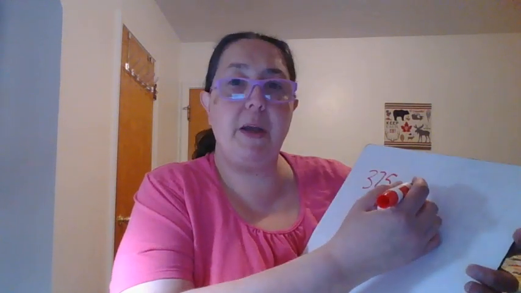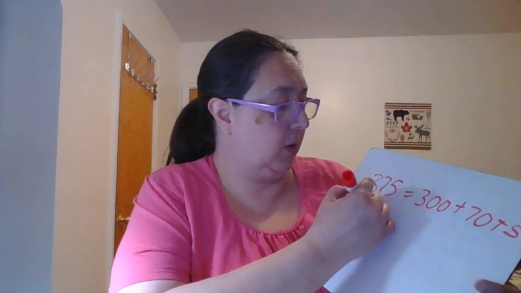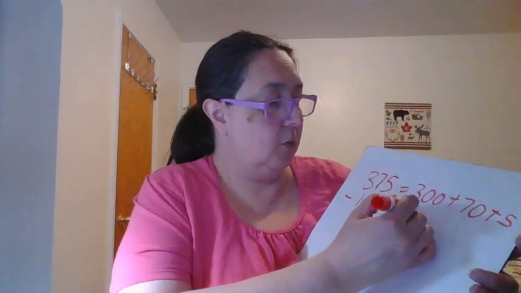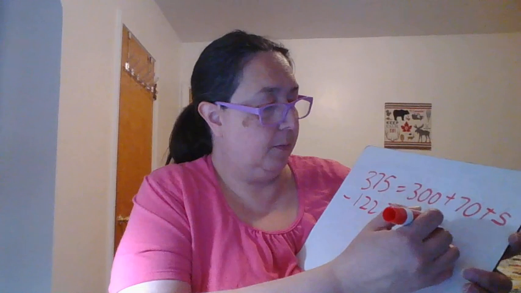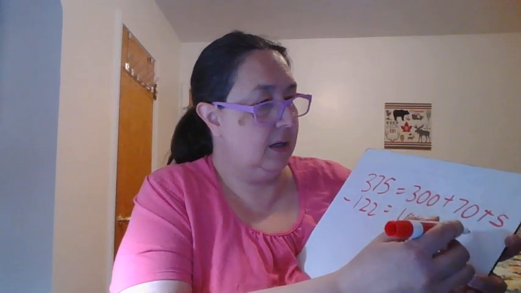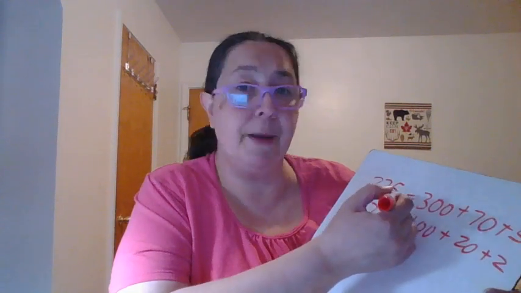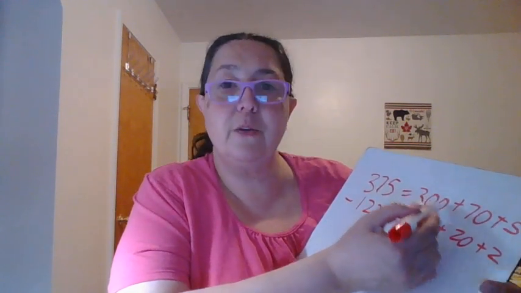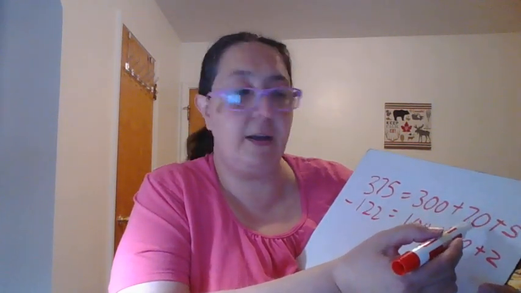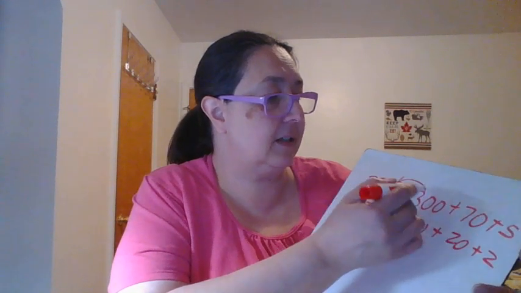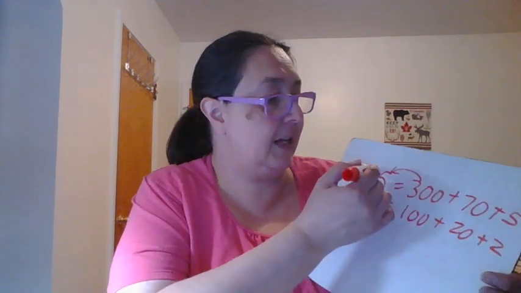375. Expanded form would be what we did last week: 300 plus 70 plus 5, and I could subtract 122, which would be 100 plus 20 plus 2. You have to have these pluses here because that makes that number. Without the plus for the expanded form, it's not going to make the same number. This whole thing is the same as this one.